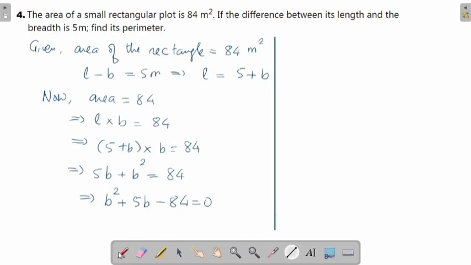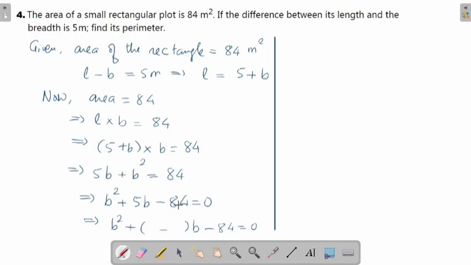Okay, so what we will do here is, we will break this 5B, so b square plus 5b minus 84 equals to 0. Okay, since you have got sign minus, we will write minus sign here. Now you have to find two numbers whose difference is 5 and whose product is going to be 84.